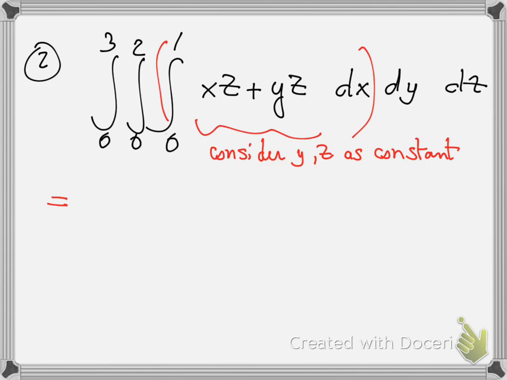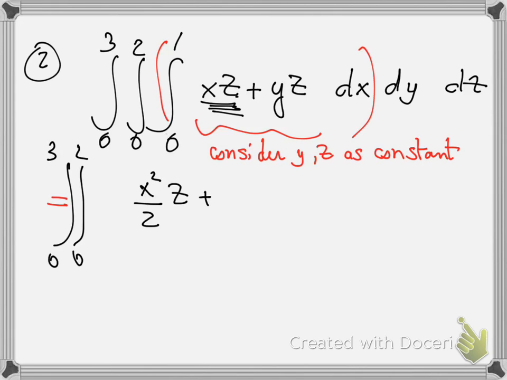So here you have x times z, right? So you integrate with respect to x. z is a constant, so you can just ignore this z. You integrate x, so it's x squared over 2 times z, plus, first of course, you have this 0 to 3 here, this is 0 to 2, here's my dy and here's my dz.